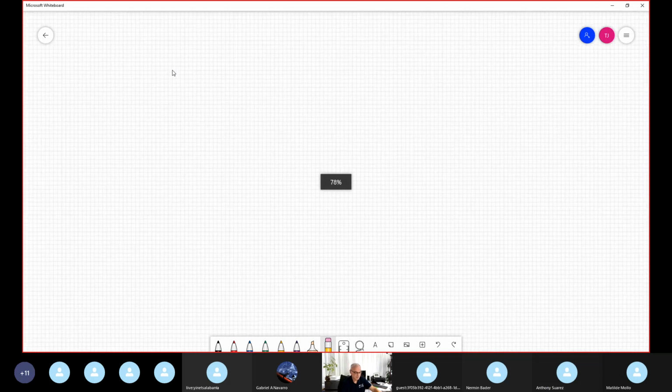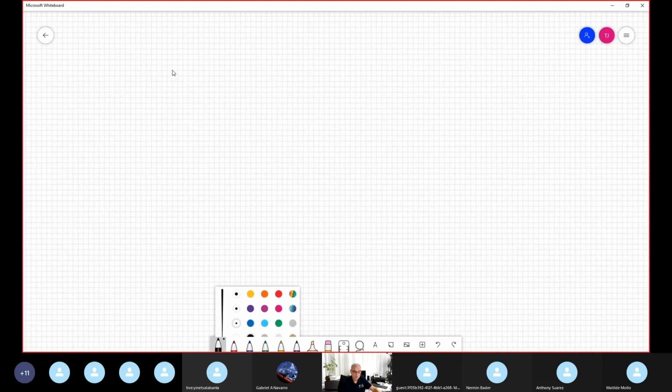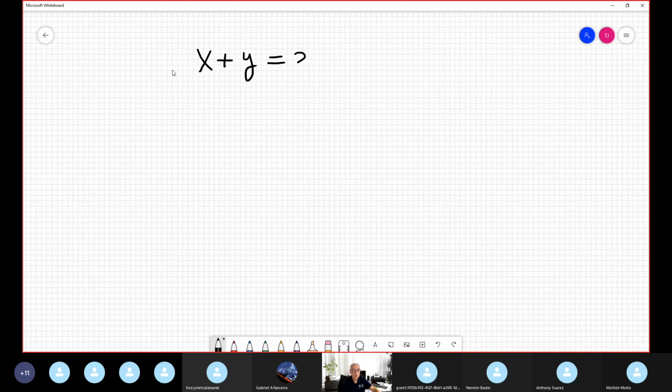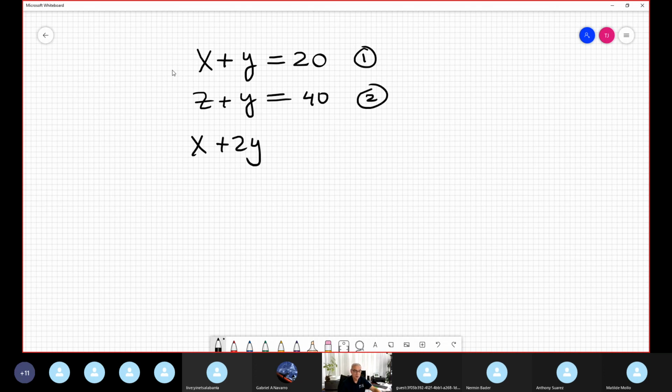Are you helping me now in this example? It's tricky. Suppose I have a system. X plus Y equals 20, equation 1. Z plus Y equals 40, equation 2. And we have X plus 2Y plus 3Z equals 60, equation number 3.